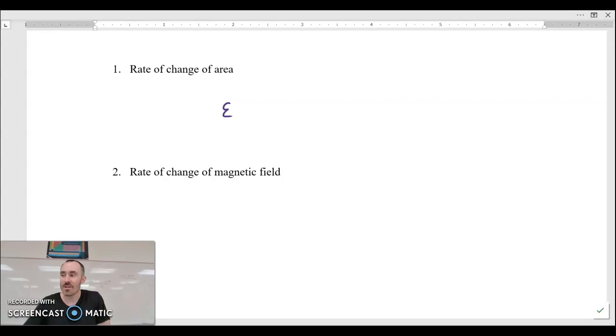In that case, you could write it down like this: negative n times b times change in A over change in T, right? So square meters per second, that would be our rate of change of area, times cosine theta. Okay, that's totally valid. This is still multiplying n, b, a, and cosine theta, and it's dividing by change in time.